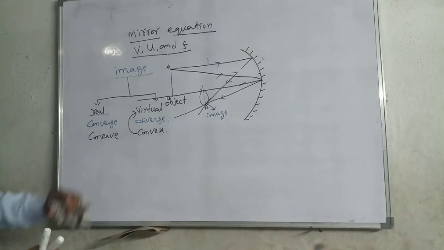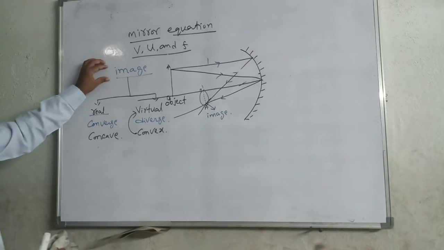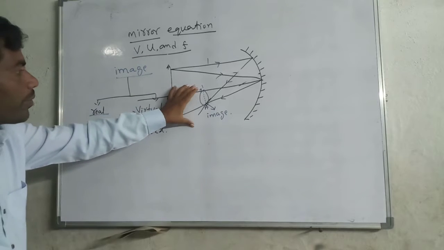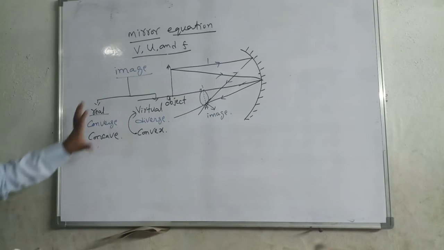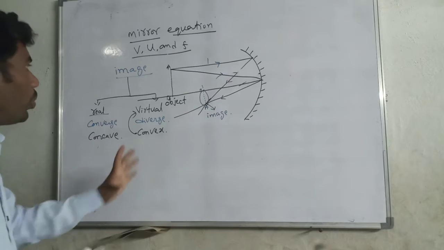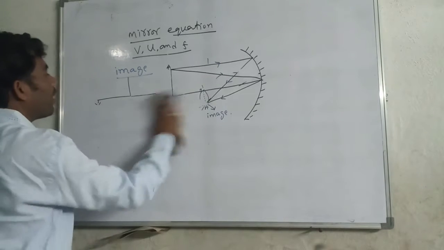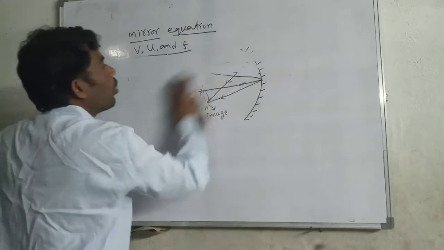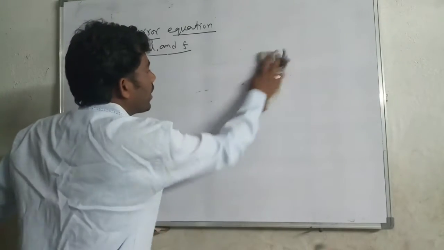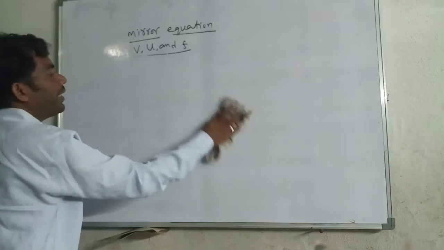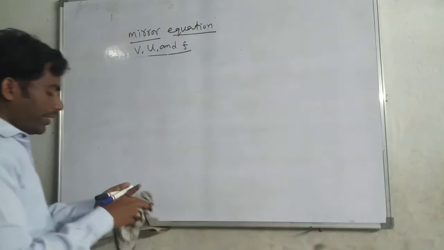This is the fundamental of image: the definition of image and the types of image. Then you move to the principal rays, which obey some laws. There are mainly four.